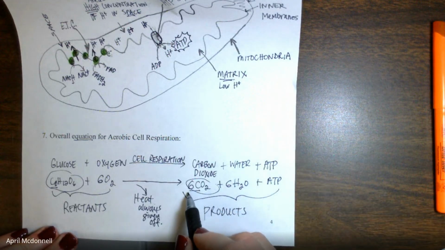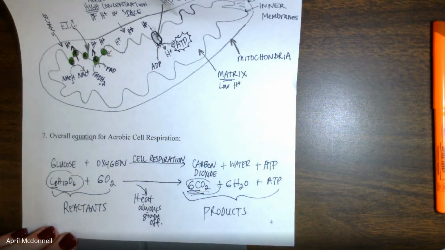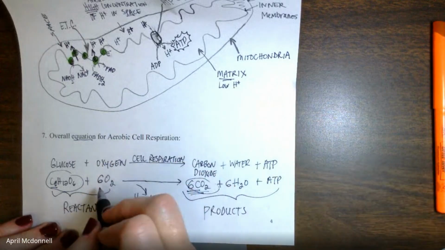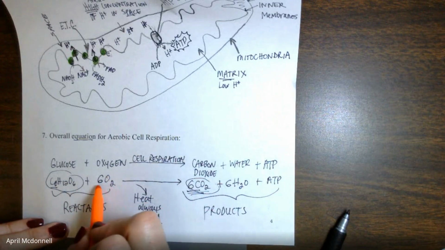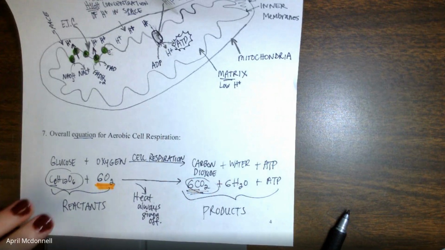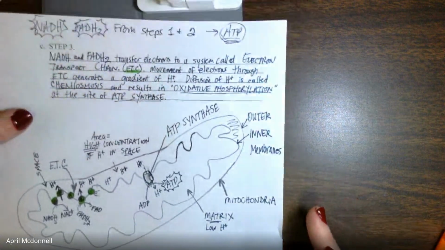And if you wanted to know where the carbon dioxide molecules are produced, then you could go and review the steps of aerobic cell respiration. Let's look at this part right here, oxygen. We didn't mention oxygen anywhere in this process. So let's go back up to our picture and talk about oxygen.